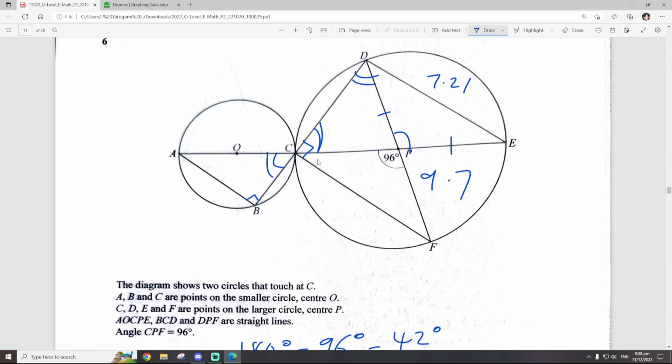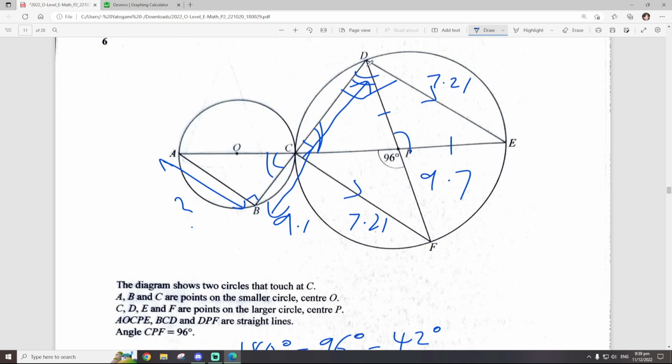Okay, we need to find this length. You might have noticed that we may need to use the fact that they are similar triangles. But the first thing I'm going to tell you is that this is also a right angle, because right angle in a semicircle again, and therefore these are parallel lines, and therefore this is 7.21 cm also.